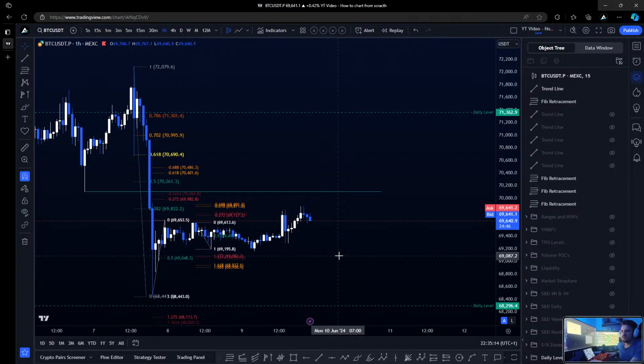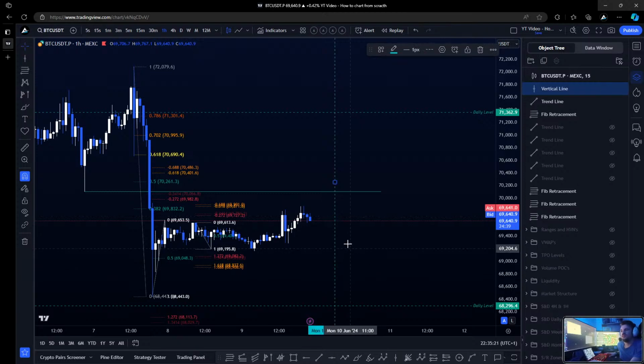If at 6 a.m. price, for example, comes here first, it's dropping now, so let's imagine that it comes here first, starts going up through all of Asia. At 6 a.m. it comes here and starts giving me reversal signs. I'm gonna target that daily level.